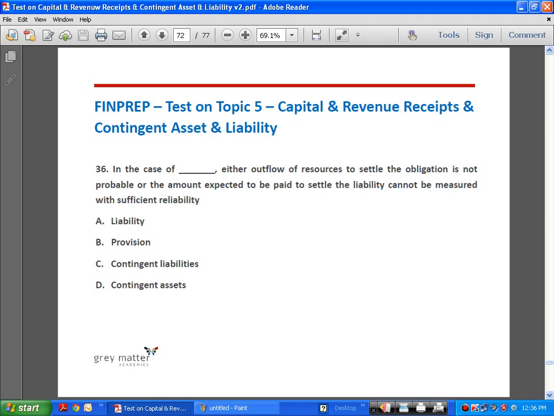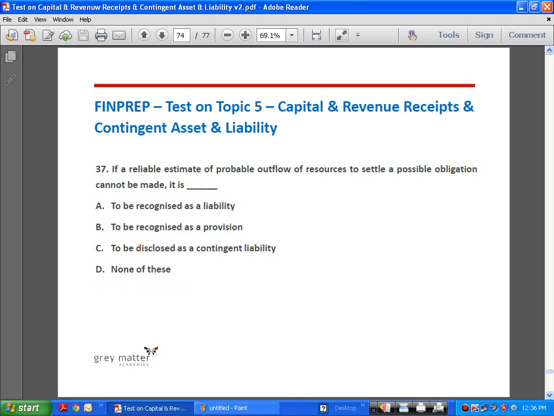Probable means the chance is more than 50%. Then in that case you don't have to show it as a liability, it becomes a contingent liability. The other case is where there is a present obligation, but you are not able to measure the amount that you will have to pay in future in order to settle that present obligation. So that again is a contingent liability. So answer is C.